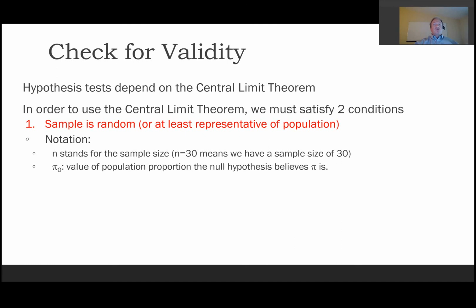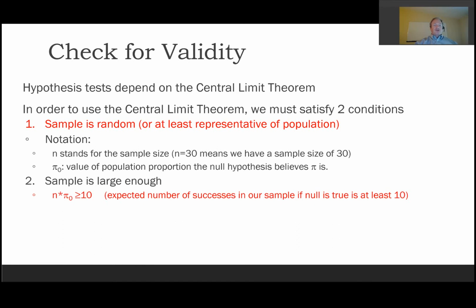Now we're ready to introduce the second condition for a good sample, which is that it's large enough. First of all, we take N, the sample size, times the population percentage under the null hypothesis, and that's the expected number of successes in our sample, which has to be at least 10.